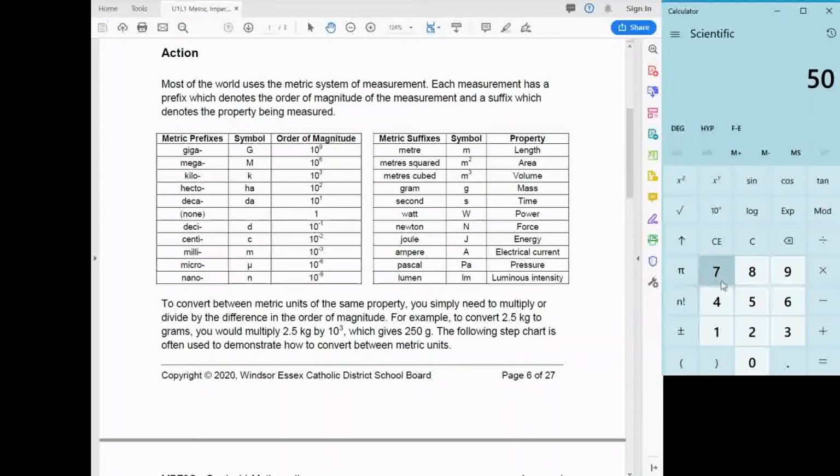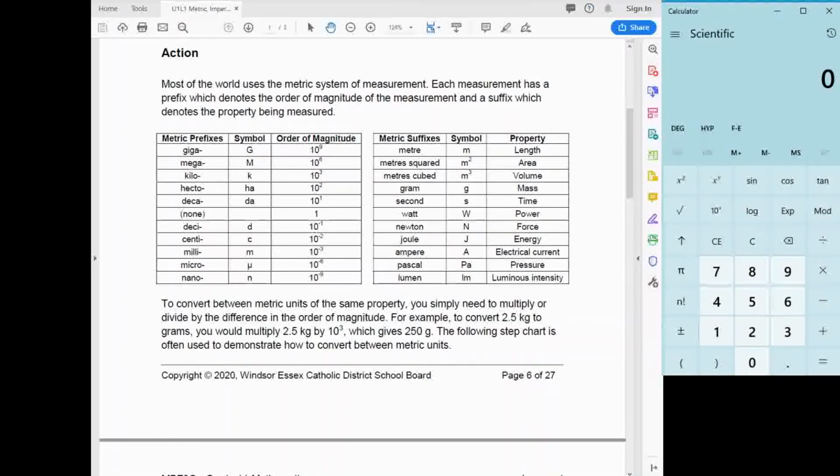To go the other way, I actually have to divide. So I would divide this by 10 to the power of 3, and 50 milliseconds would be 0.05 seconds. So that's if you convert the other way.